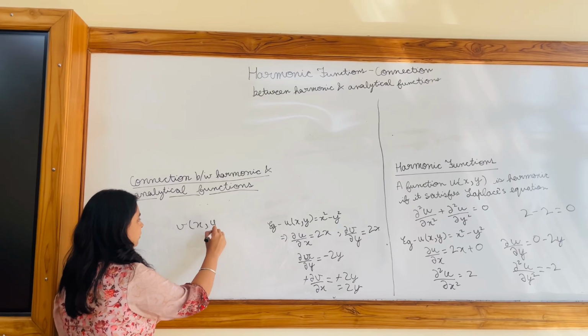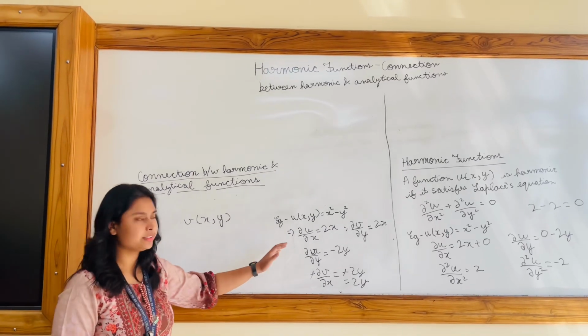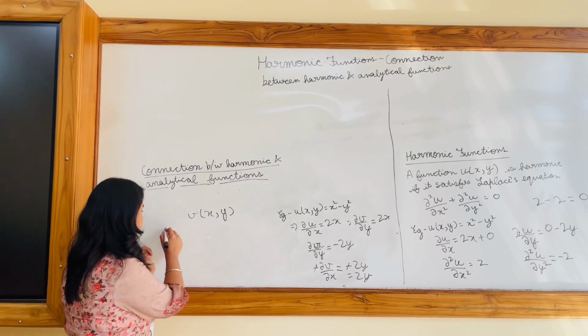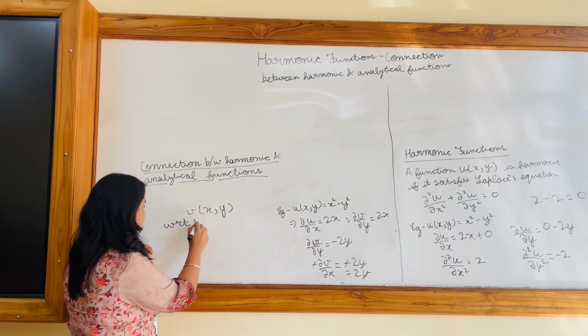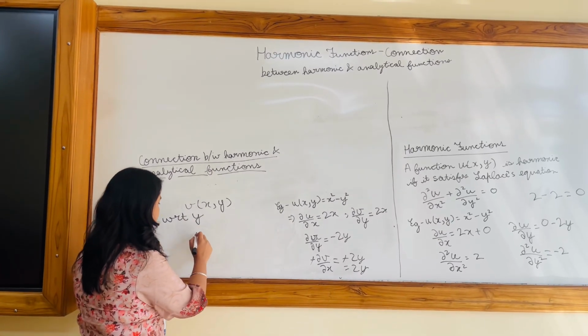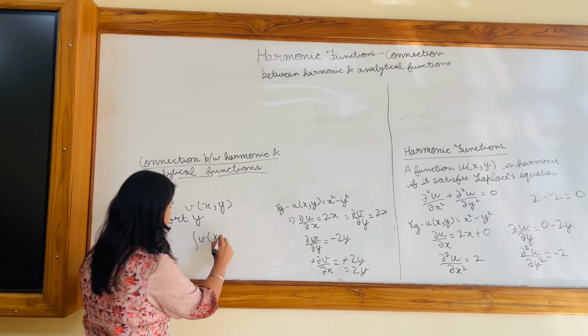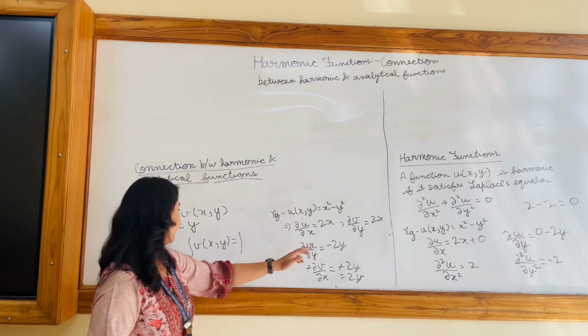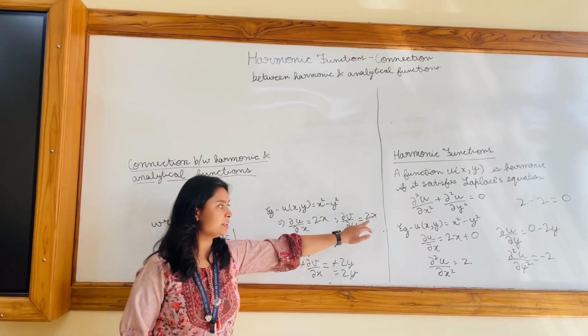Further after this, we are going to integrate v(x, y). We can integrate it with respect to y or x. I'll be integrating with respect to y. With respect to y, we see that it is 2x.